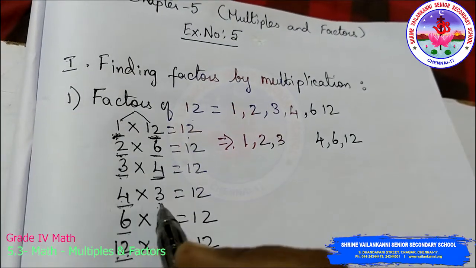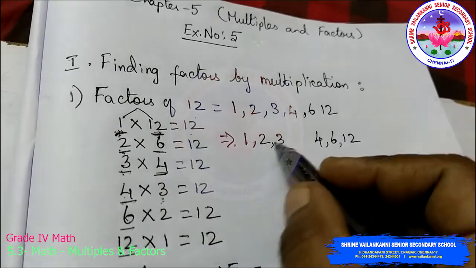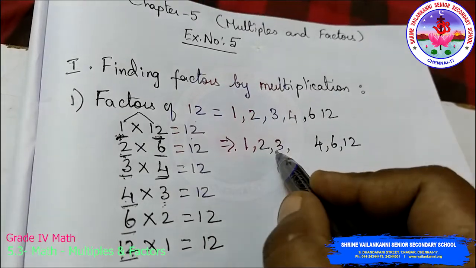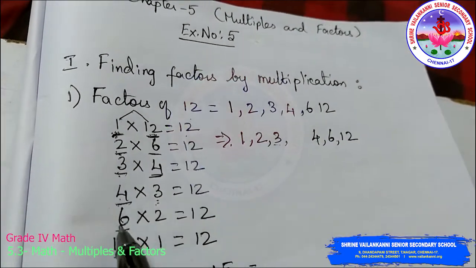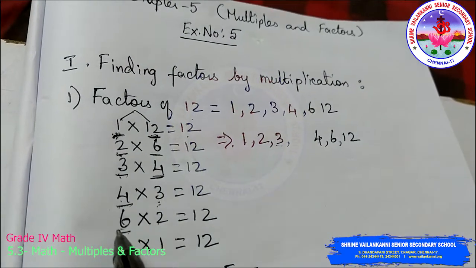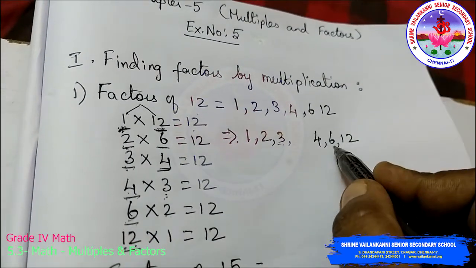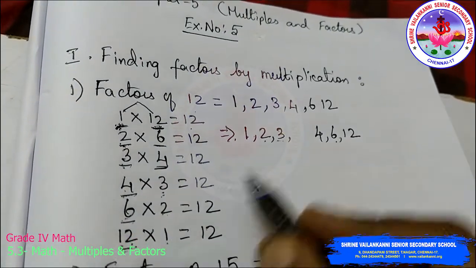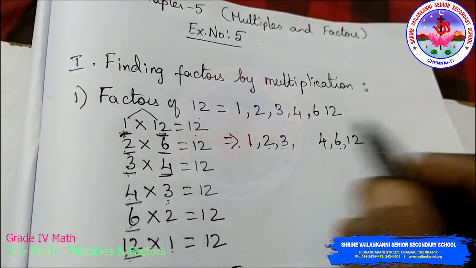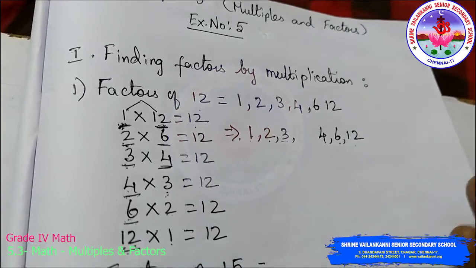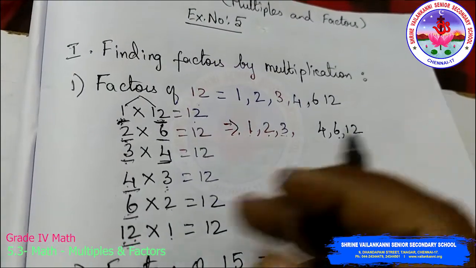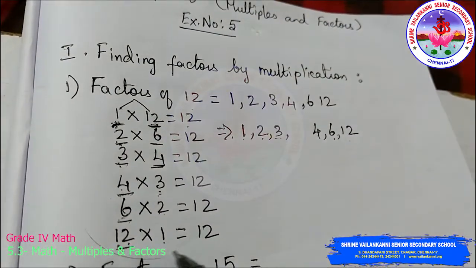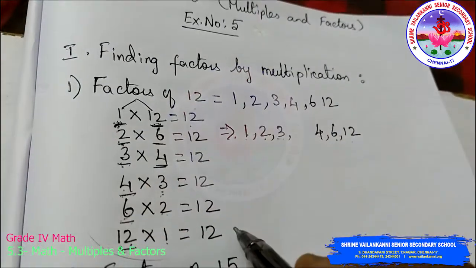If you see, this 4 and 3 we have already written. 6 2s are, this 6 and 2, 6 we wrote, 2 we wrote. 12 ones are, 12 and 1, 12 and 1. So obviously, anyhow you write, both are the same. So in the multiplication concept, this is how you will find out.